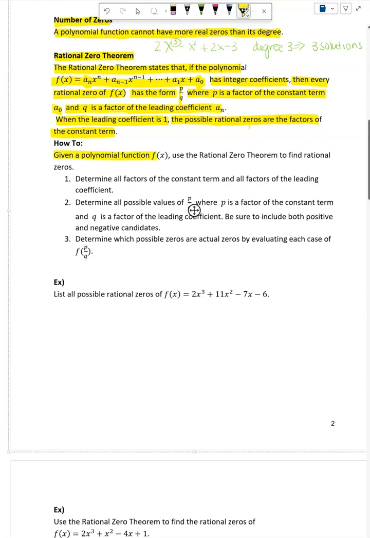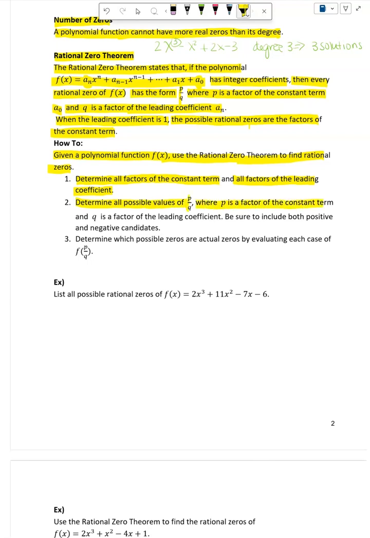Given the polynomial function f of x, use the rational zero theorem to find the rational zeros. So first thing that you're going to do is determine all factors of the constant term, and then all the factors of the leading coefficient. Then determine all the possible values of p over q, where p is the factor of the constant and q are the factors of the leading coefficient.